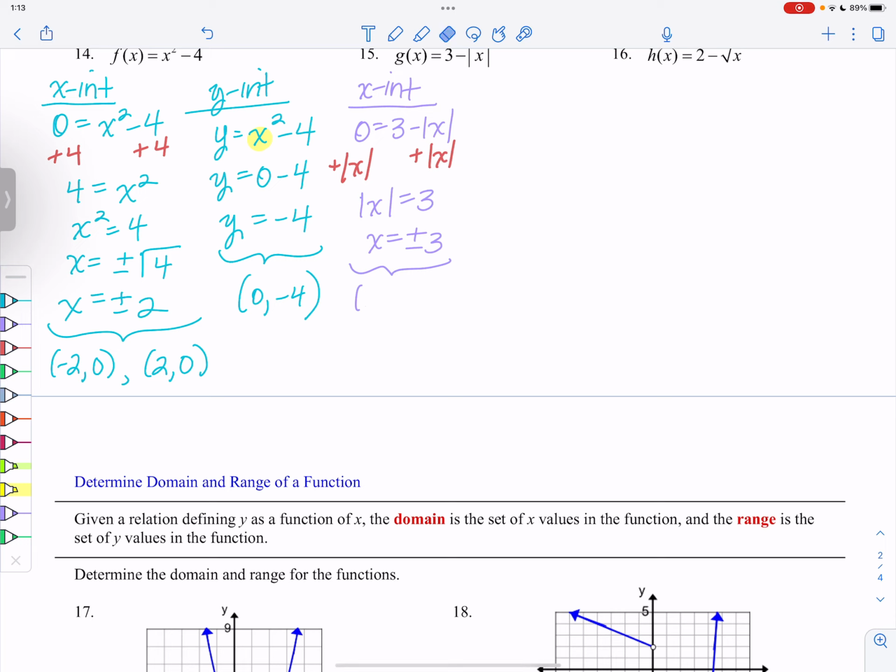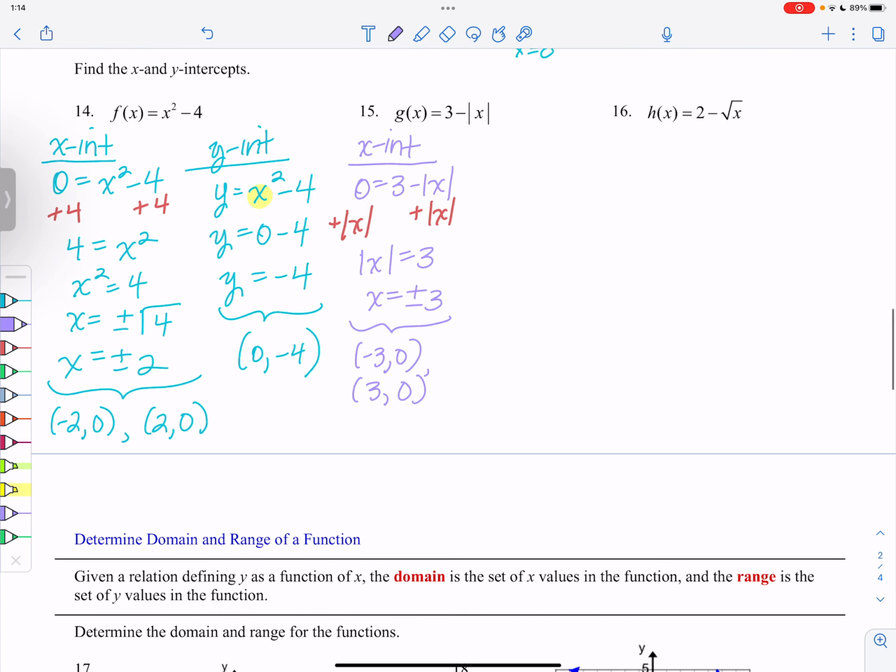We have negative 3, 0 and 3, 0. For the y-intercept, we're going to let x be 0. And y is 3. And so now we have 0, 3 as the point on the graph.